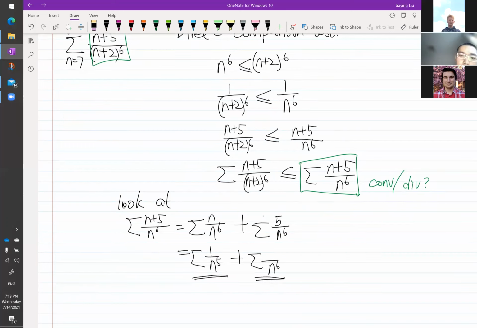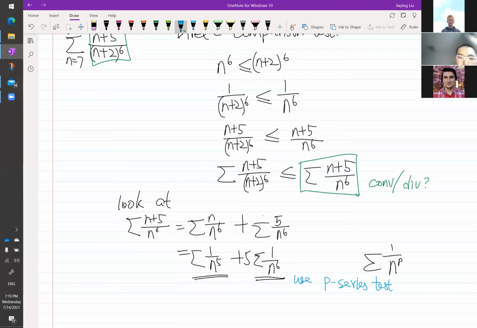I mean, the 5, you can move it in front. I should have done that. So 5 times the sum of 1 over n to the 6th. The first one is just 1 over n to the 5th. They're the same type because they are of the form 1 over n to the p, so we can use the p-series test.